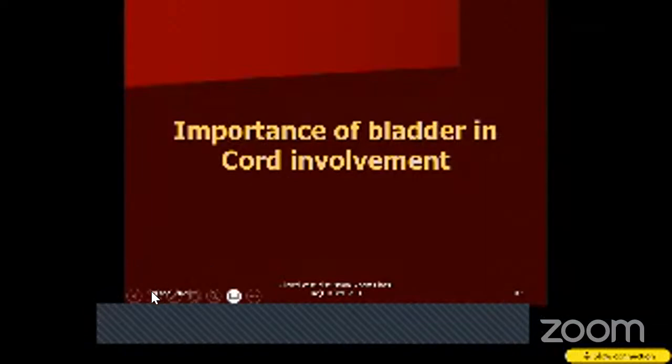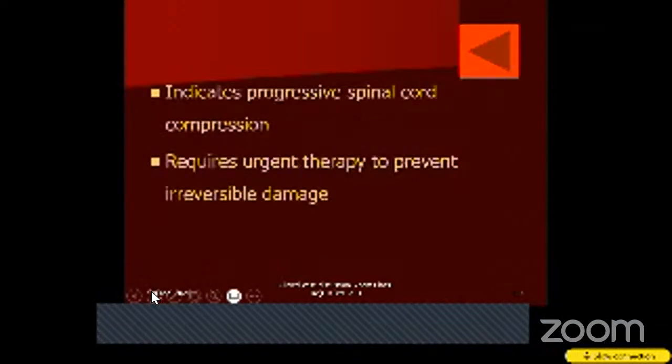So what happens is, it indicates progressive spinal cord compression and requires urgent therapy to prevent irreversible damage. In such a case, where there is symmetric onset, progressive neurological dysfunction, weakness, spasticity, and bladder features develop, it means the progression is very rapid, and bladder dysfunction is going to set in, which will be irrevocable.